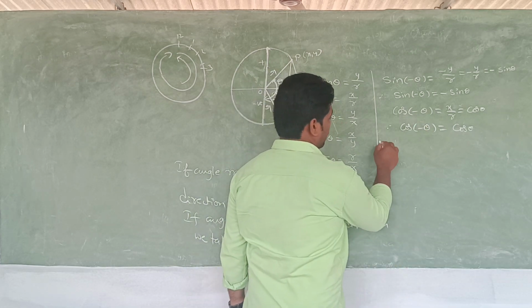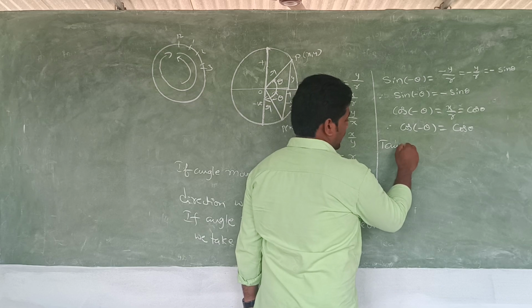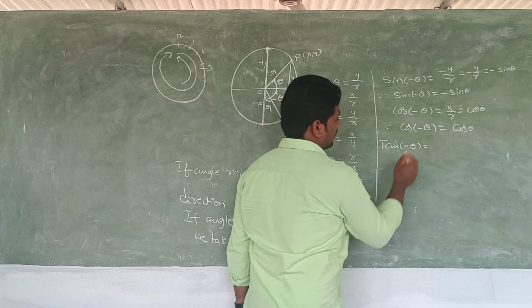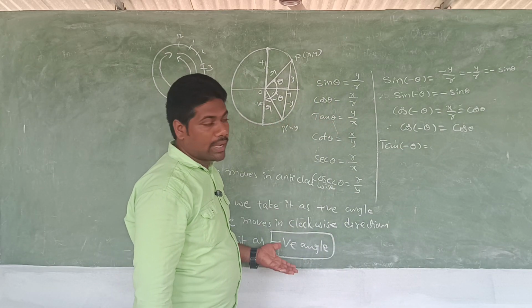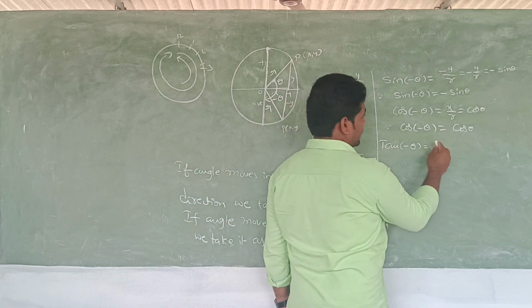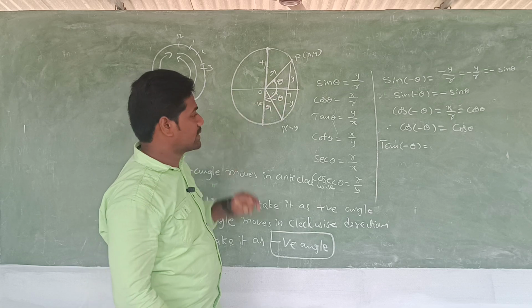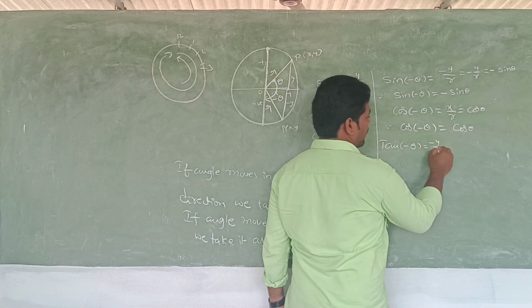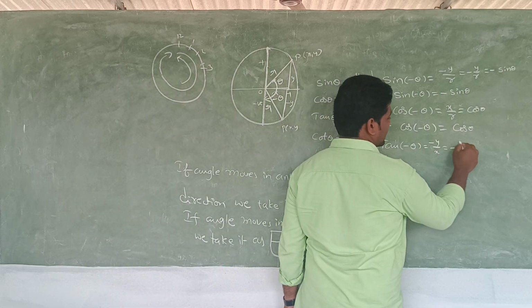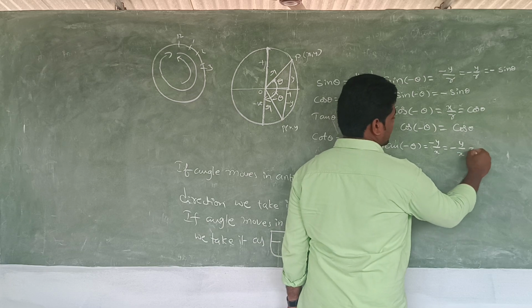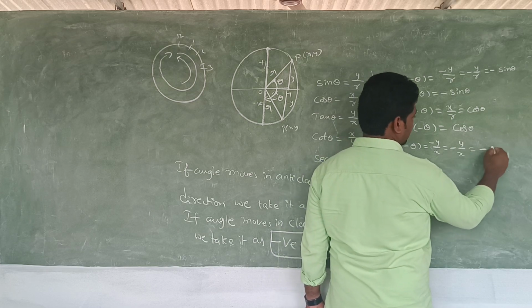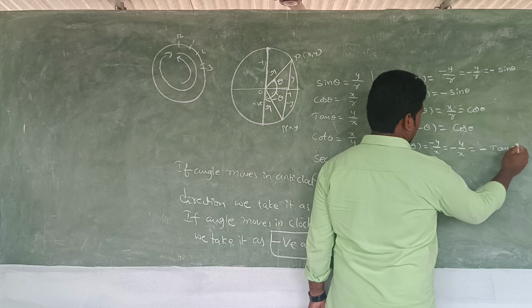Now I have to talk about tan theta, that means tan of minus theta. Tan of minus theta equals minus y by x, which is minus of y by x. Minus y by x is minus tan theta.